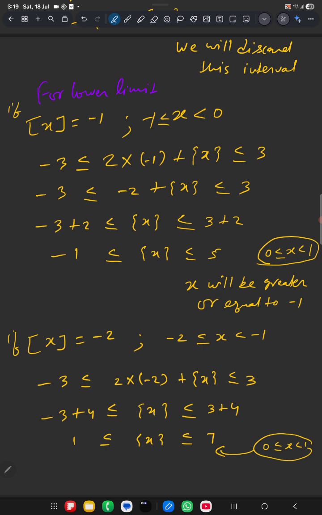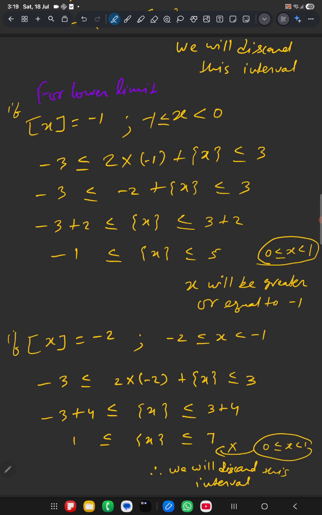As we have discussed for the upper limit, same discussion here. So we will discard this interval.